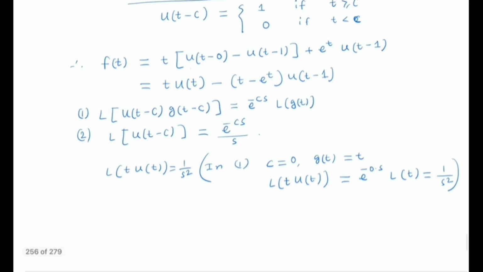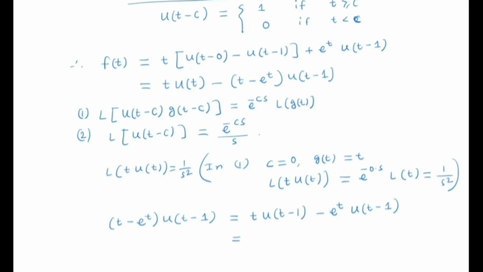So we have one thing. The next term is minus t minus e^t times u(t minus 1). First we have to simplify this term. So we write this as t u(t minus 1) minus e^t into u(t minus 1). Here we need to write in terms of t minus 1.